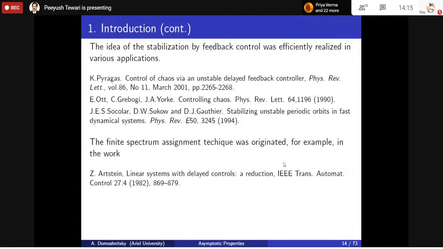The idea of stabilization by feedback control was realized in various applications, and I note only several examples of these realizations. Next, please.